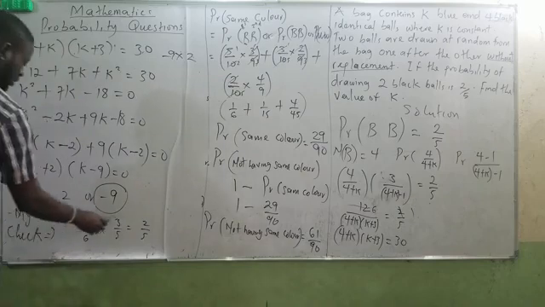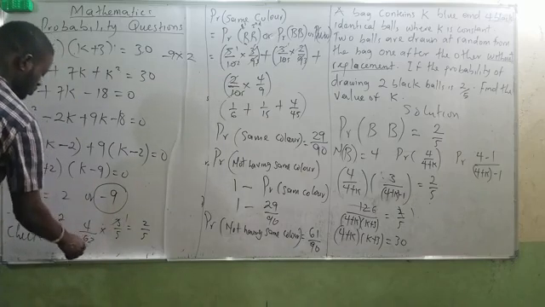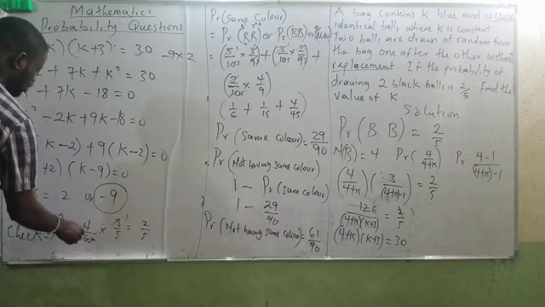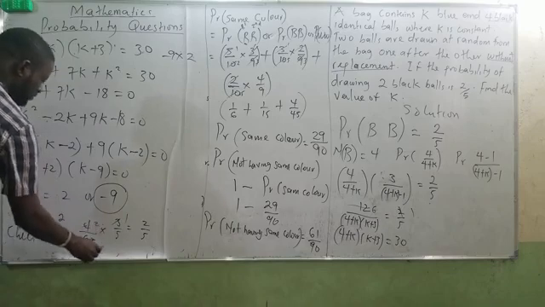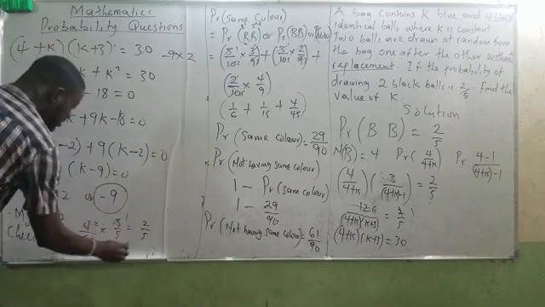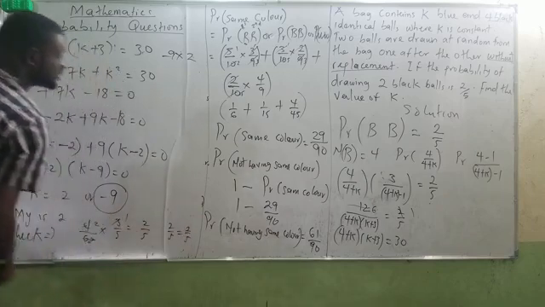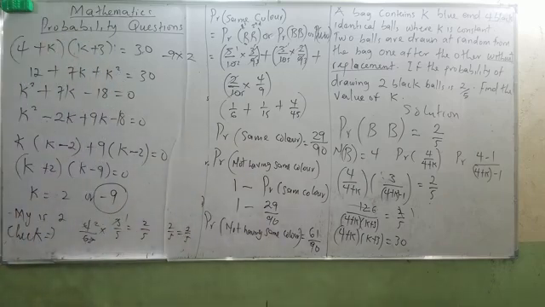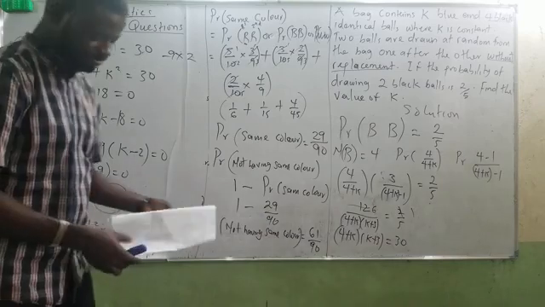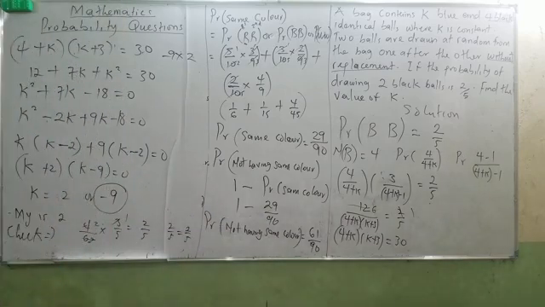Now, 3 here 1, 3 here 2, 2 here 1, 2 here 2. Now, it means 2 all over 5 equals 2 all over 5 is correct. Now, it means my k is 2.